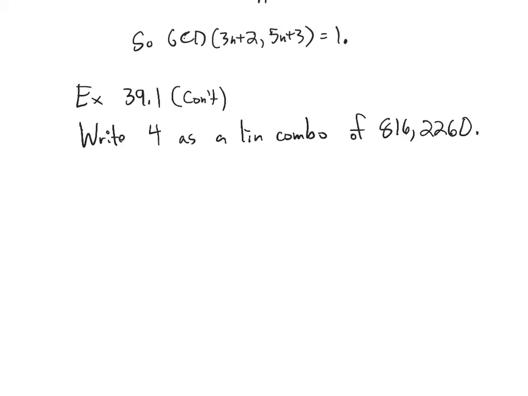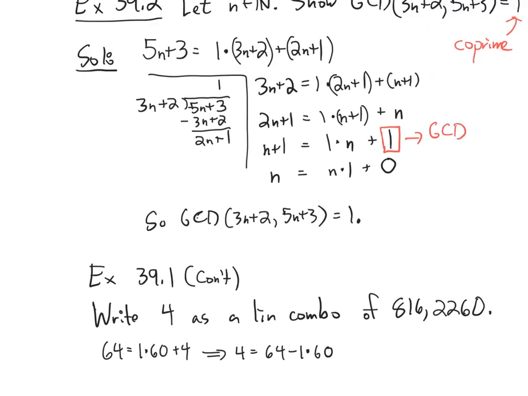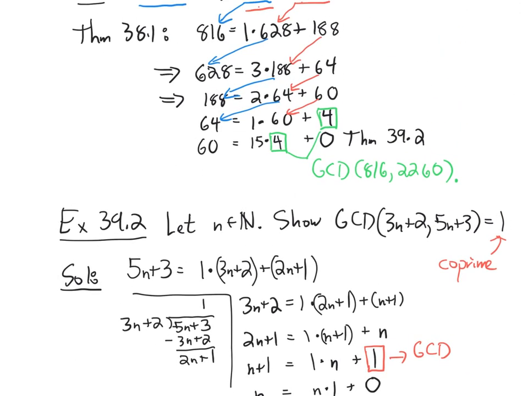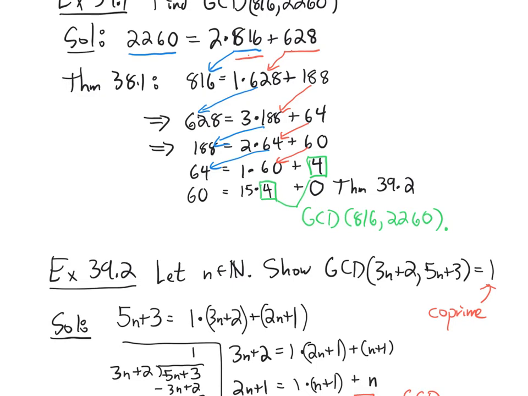And we're going to use our work from figuring out the greatest common divisor to help us out. So let's start with the second last line. So we know that 64 equals 1 times 60 plus 4. If you remember from all the way, let me scroll back up. From all the way here, we're just going to use this information here.